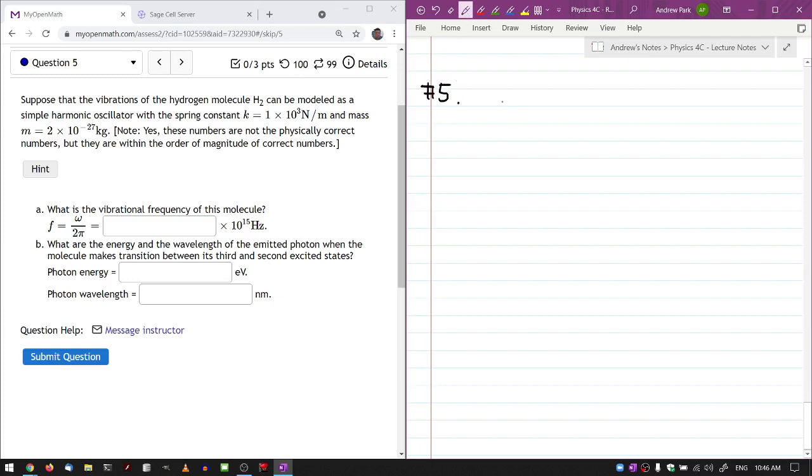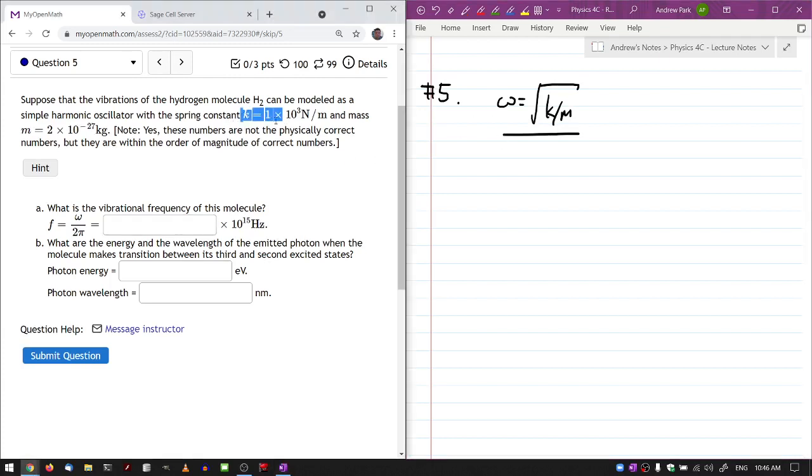It's this result that the natural frequency of oscillation is equal to the square root of k over m. And in fact, here it's kind of done in reverse. They define this spring constant k by observing the natural frequency of oscillation and work it backward. So we are kind of doing it backward, but it's fine.